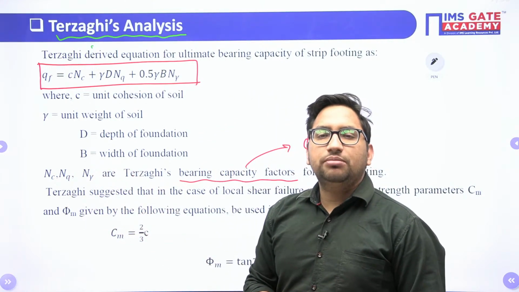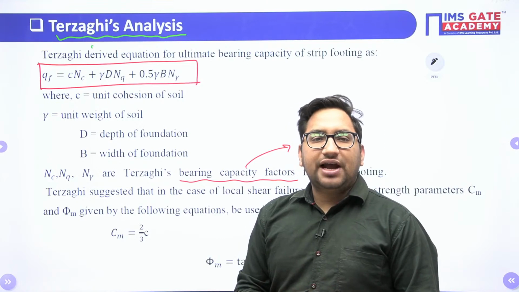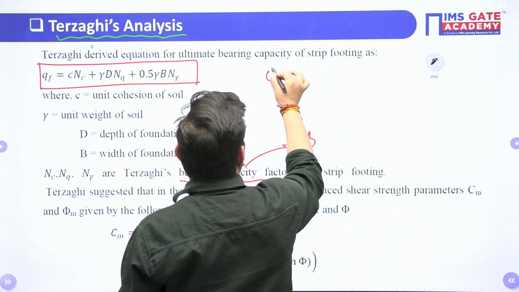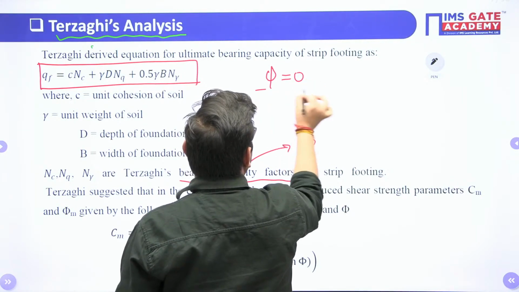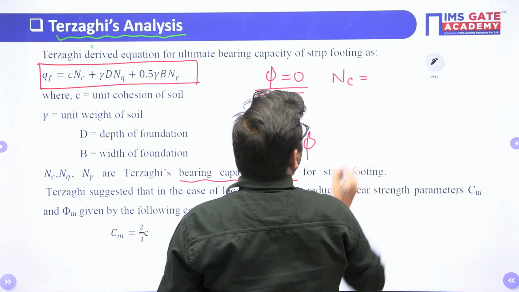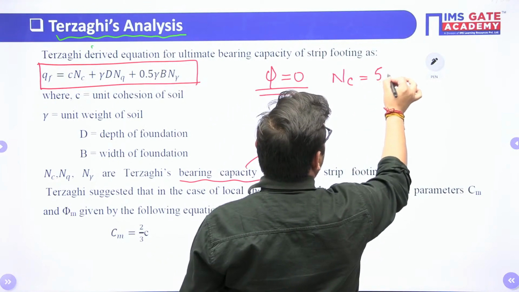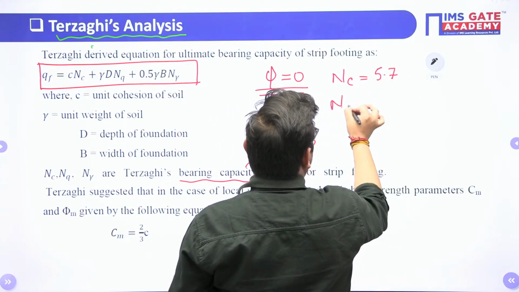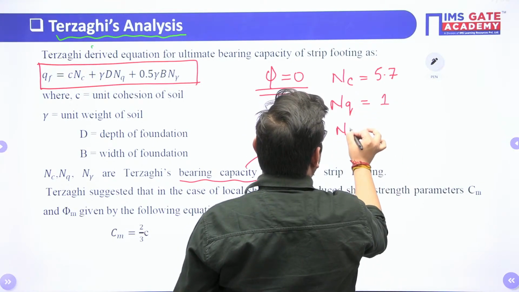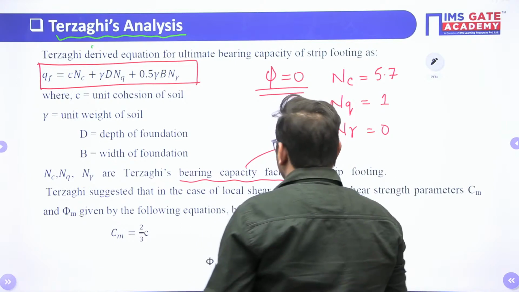You don't need to remember these. These values will be given to you by the examiner. But for phi equal to 0, it should be known to you. For phi equal to 0, Nc is equal to 5.7, Nq value will be 1 and N gamma value will be 0, right?